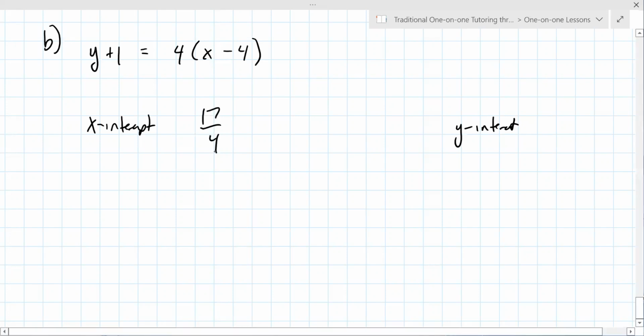And then y plus 1... Y equals -17. Yeah, you got a sign error. So if I have y plus 1 equals 4 times -4, that's -16, so -17. Yes.